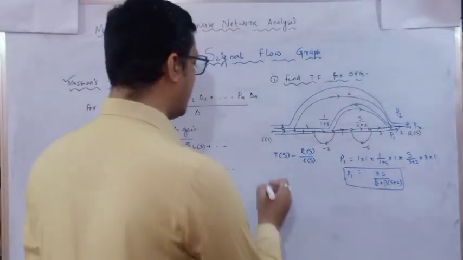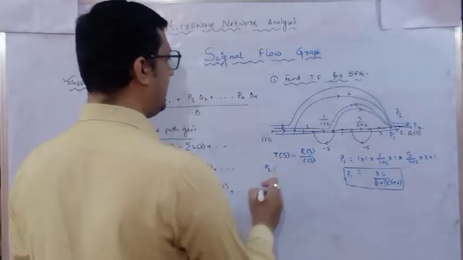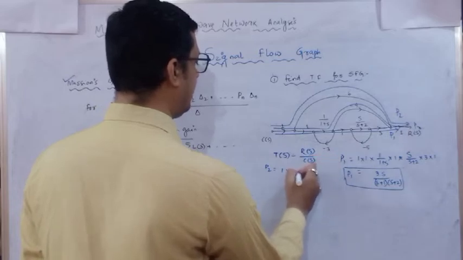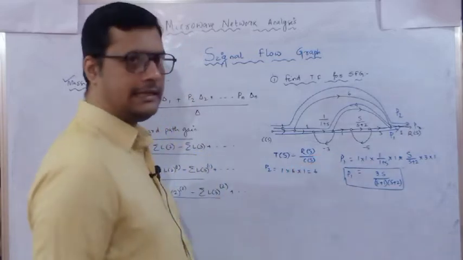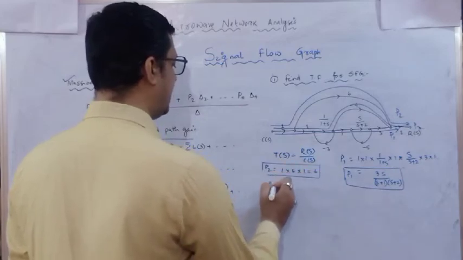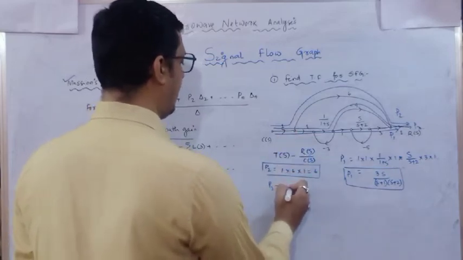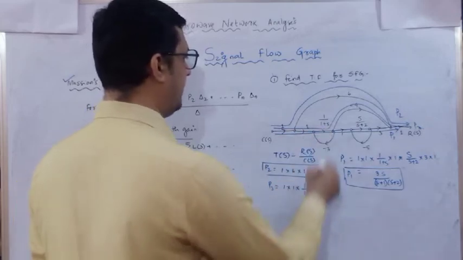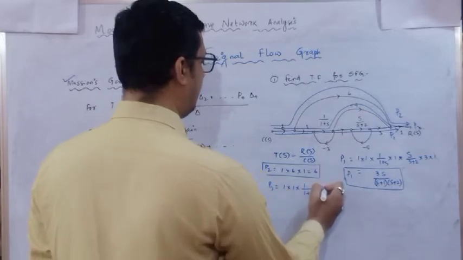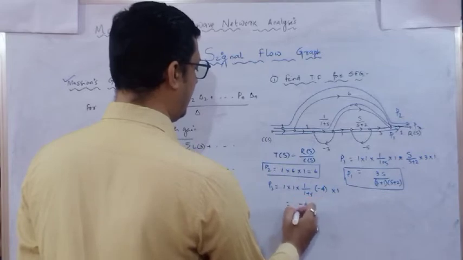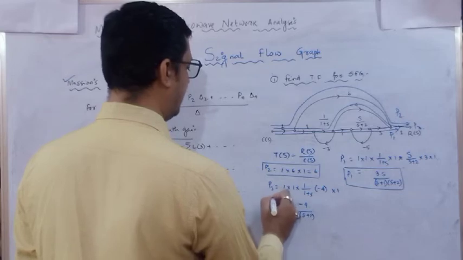Similarly, the second path P2 is 1 into 6 into 1, so the second one is 6. Then P3 is 1 into 1 into 1 divided by 1 plus s, then multiplied with minus 4, then 1. So we will get minus 4 divided by s plus 1. So this is our path 3.